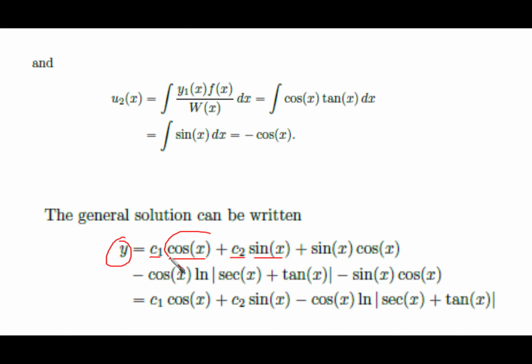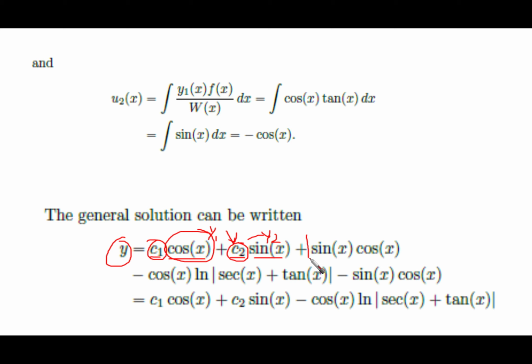Here cosine x is one of the fundamental set of the associated homogeneous equation, y1, and here comes the constant. As we explained before, it appears at the end, so we didn't neglect it. And here sine x is y2, with its constant, plus y particular.